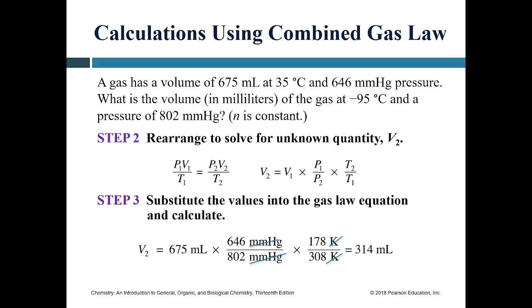Okay, so the next part you're going to do here is take this equation and get V2 on one side. How you do this is you take both sides and notice that we have P2 and T2 here, so we multiply T2 over P2 to both sides.